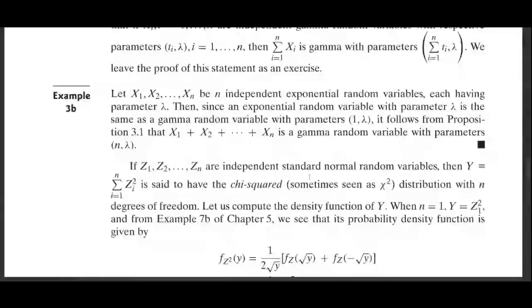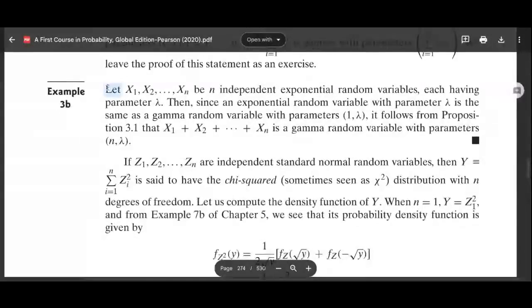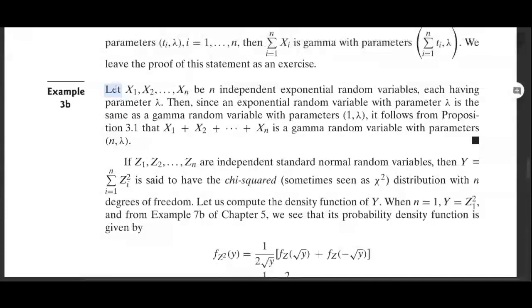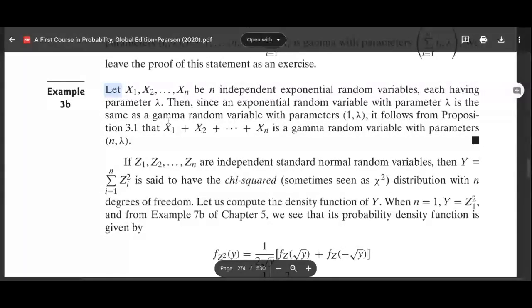Let's see this example. So we have n random variables. It's exponential now. So we talked about uniform, Poisson, now exponential random variables. Each having parameter lambda.